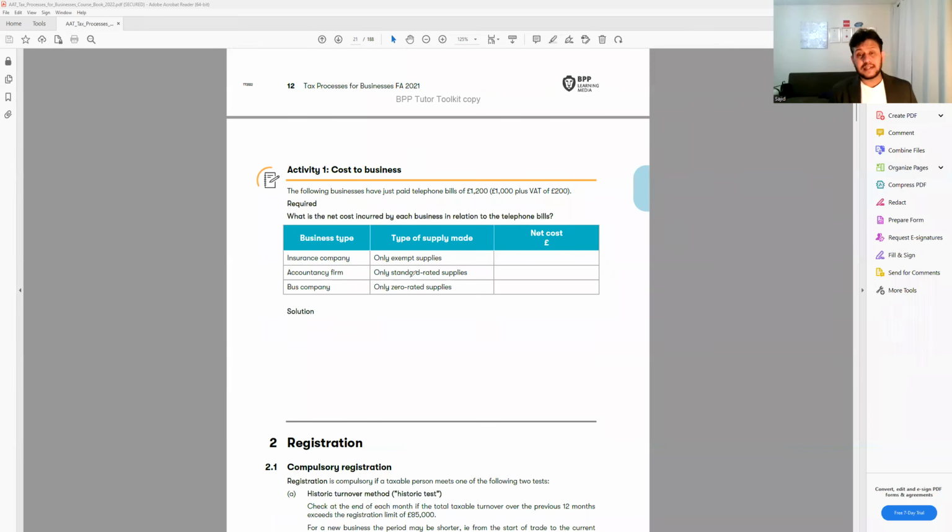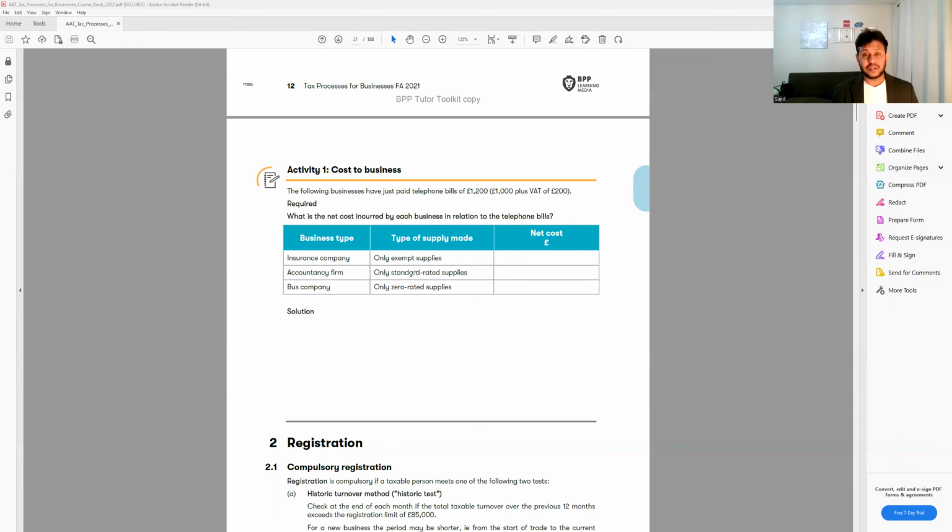Now, remember that at the beginning we said, if I'm a VAT registered business, VAT is not a cost for me. If I'm a VAT registered business, even if I buy something, I pay the VAT, but VAT is not a cost for me, because at the end of the day, I'm going to claim the VAT back. Now, for example, if I am a standard rated supplier, that means I sell everything, I'm VAT registered, and I charge the standard rate, that is 20%.